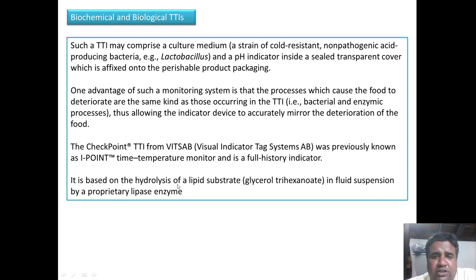It is based on the hydrolysis of the lipid substrate glycerol trihexanoate in fluid suspension by lipase enzymes. So basically these enzymes act on the lipid and produce an acid, and that acid diffuses. As a result, it brings a visual change.